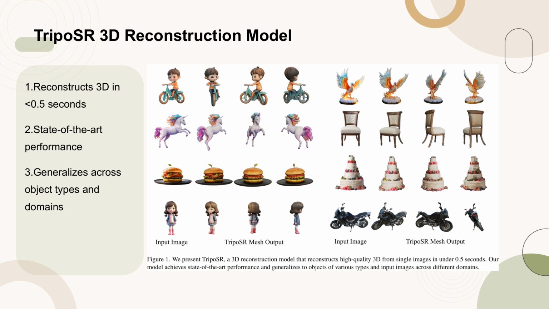This model not only achieves state-of-the-art performance but also demonstrates remarkable generalization capabilities across various object types and different domains. The figure highlights the model's efficiency and versatility in handling diverse input images, making it a significant advancement in the field of 3D reconstruction.